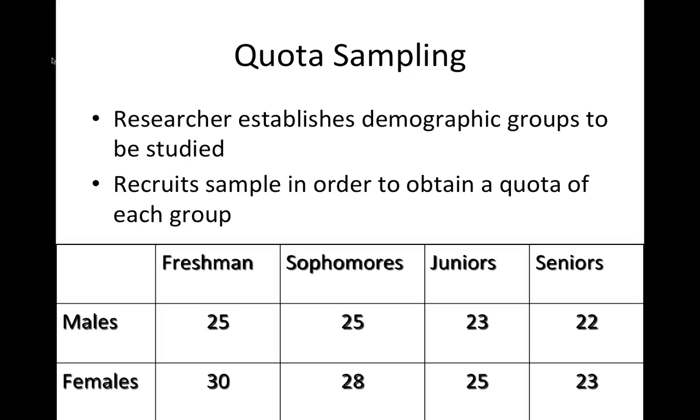For example, if we were looking at really basic binary gender differences across different levels of college enrollment, so first years, sophomores, juniors, and seniors, because we thought that perhaps some gender difference was more pronounced for younger or older students, or we just wanted a sample representative of the full range of students. Maybe we know that seniors are less likely to volunteer for research, so we want to make sure they are represented in our sample.